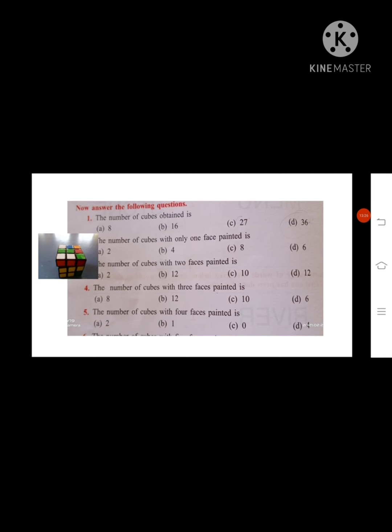Next, the fourth question, the number of cubes with three faces painted. Already we have seen how to understand the three faces painted. Here, the corner side cubes, 1, 2, 3, 4. Okay, 4.